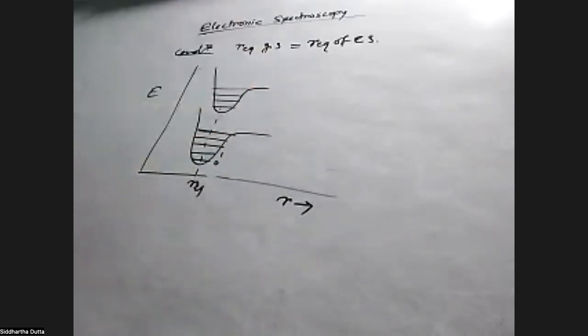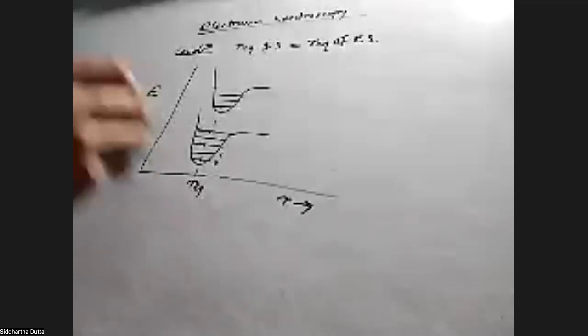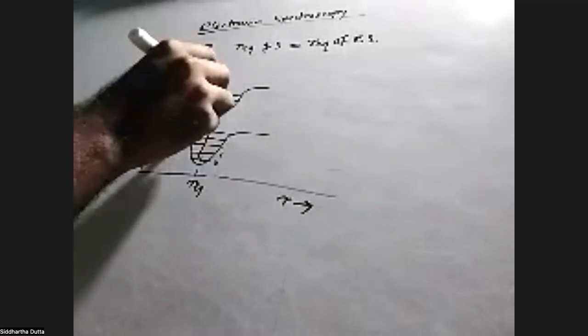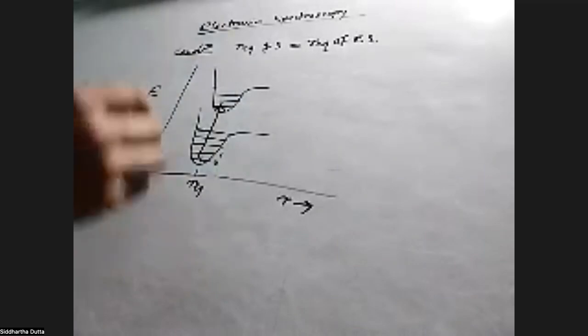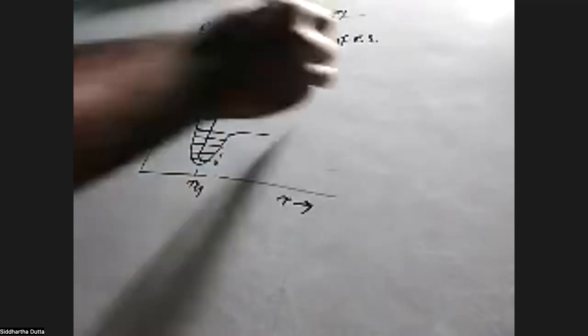According to the Franck-Condon principle, the transition will take place from this state to this state via a vertical transition, not like this.